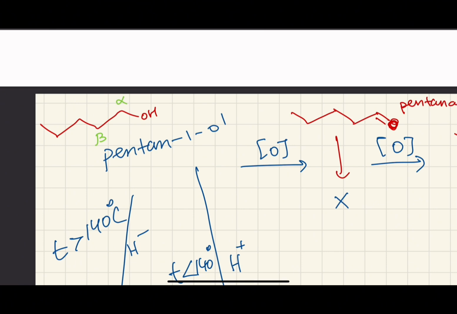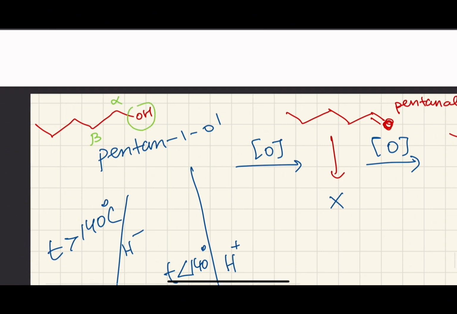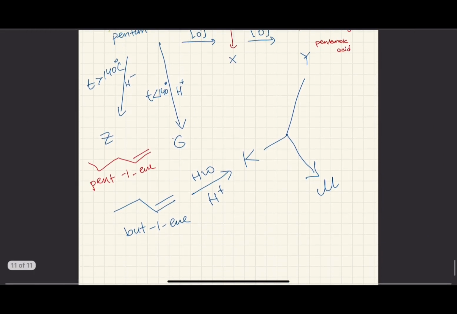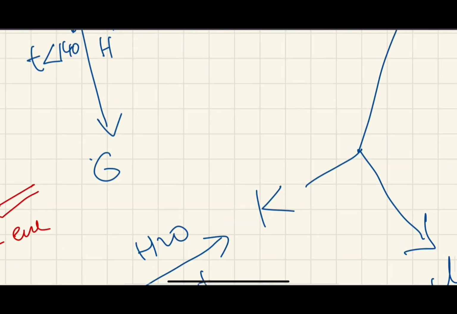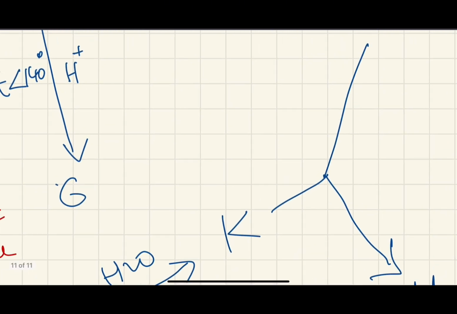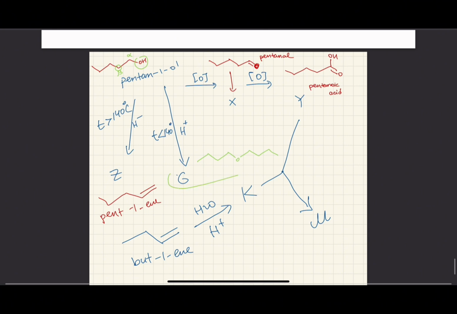You lose OH from here and H from here. And for this one, the temperature is less than 140 degrees Celsius, so this is going to be an ether. So the structure looks like this, the G, and this is Z.